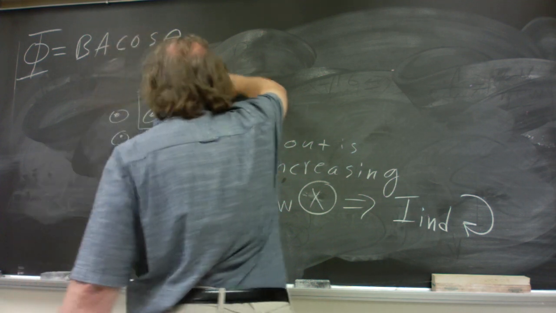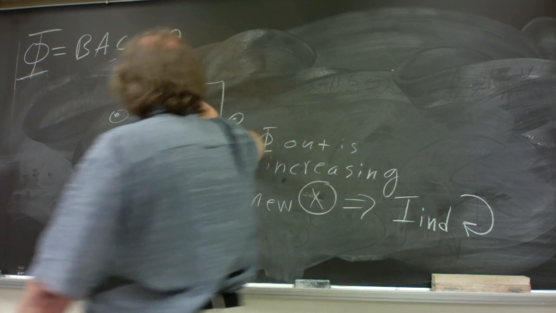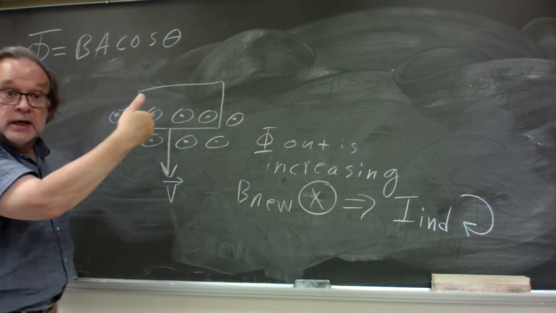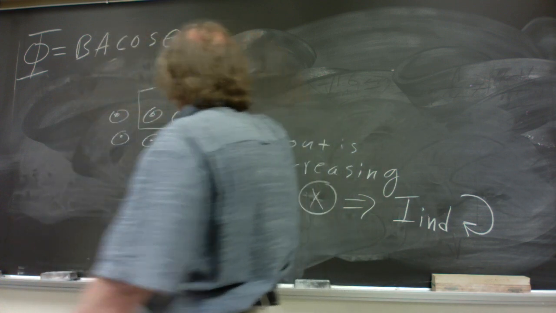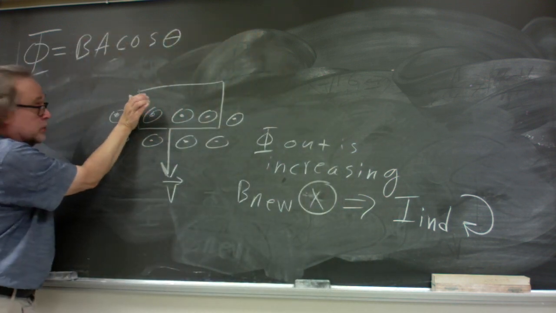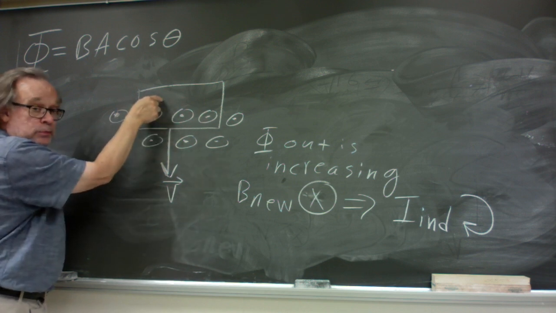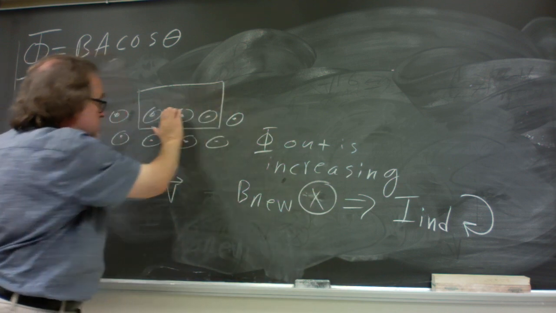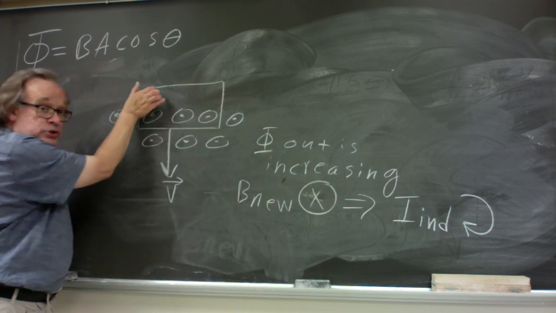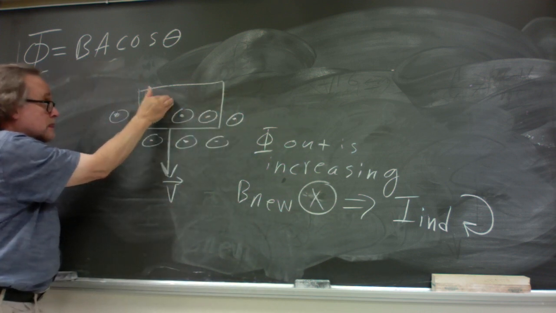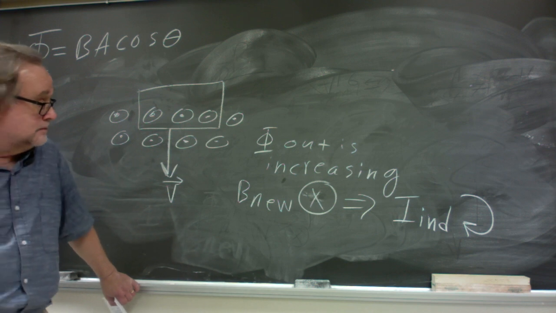So if your thumb moves around following a clockwise current, your fingers will always curl in the same direction as the field lines flow, which means inside the loop, your fingers are curling into the plane of the blackboard, which means inside the loop, that new field produced by this induced current points into the loop.